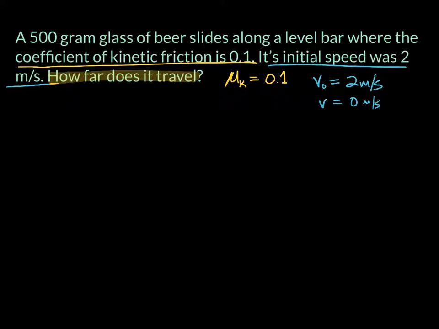We have our work-kinetic energy theorem, and that just means in our case we'll write K minus K naught. The net work is also equal to, so all that kinetic energy gets eaten up by friction.